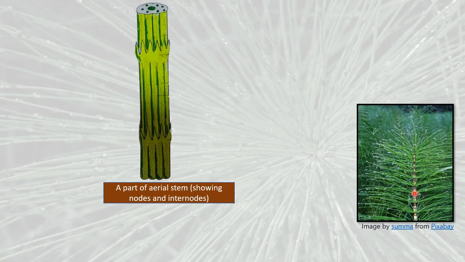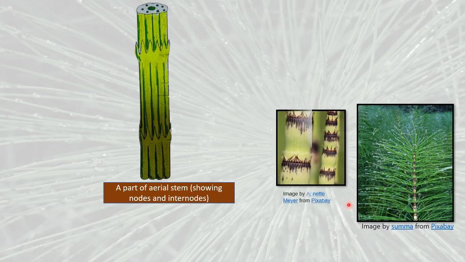These are very minute, so you can see the leaves here in the figure. These small structures that you see are the leaves. They are minute and scaly, but present in whorls. Similarly, the lateral branches are also present in whorls. The green structures that you are seeing are the lateral branches. These are present in whorls and correspond to the number of leaves, right?